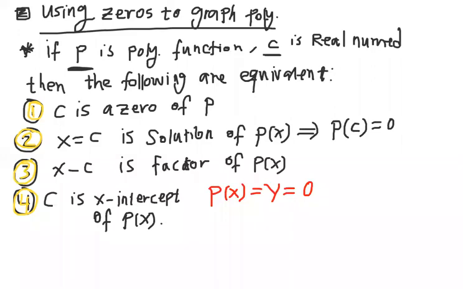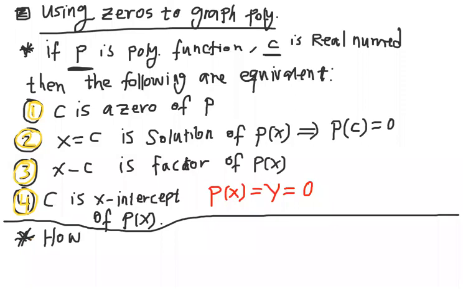Second thing, I'm talking about how to find the zero for the polynomial. Now, how to find the zero for the polynomial p of x?